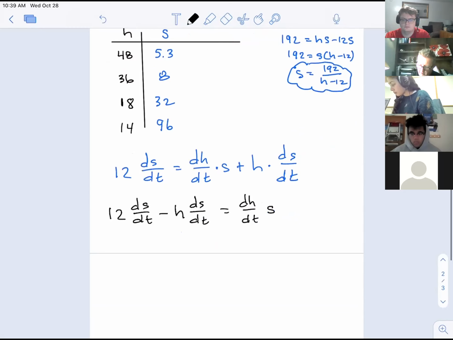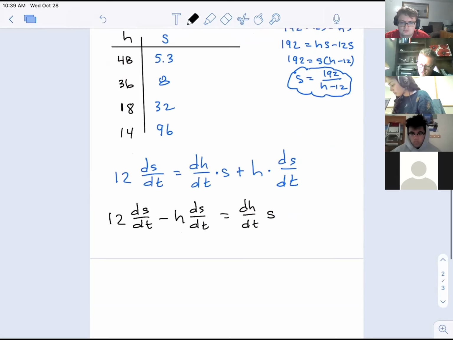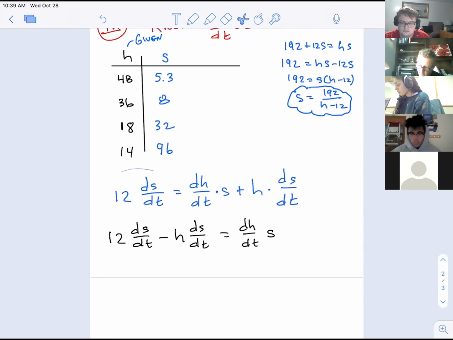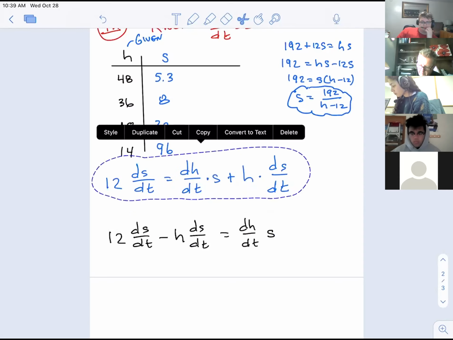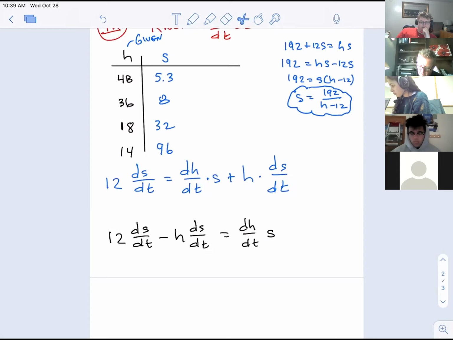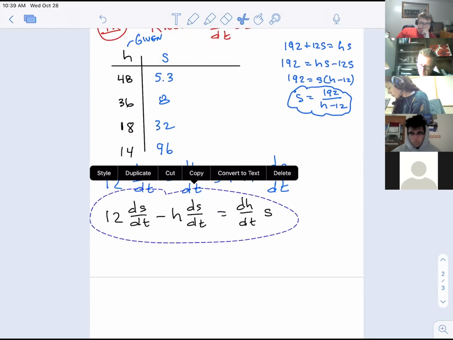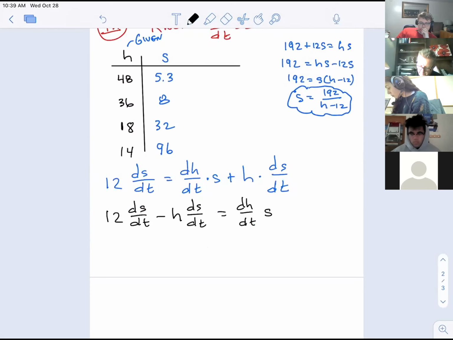And then couldn't I factor that out? Let me see if I can just squeeze all this onto the same page. Couldn't I factor all of that out? And then if I did that, then I'd be dividing.